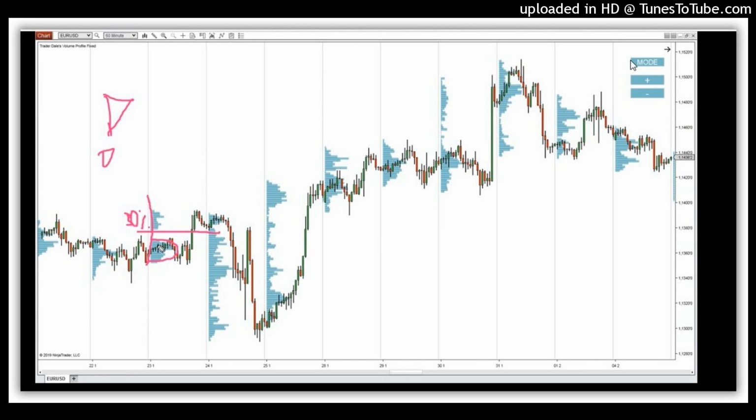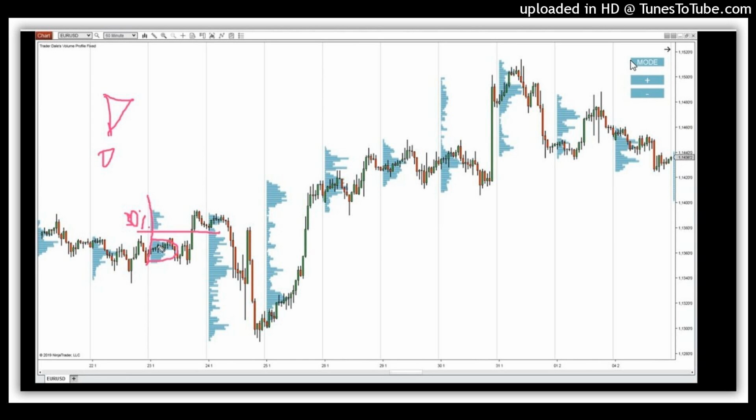This is not as clear, especially when the range is that tight. The next day there is a sort of thin profile, and afterwards the price goes downwards, the volumes are shifted downwards. There's a B-shaped profile, sign of sellers, another B-shaped profile, another sign of strong sellers.